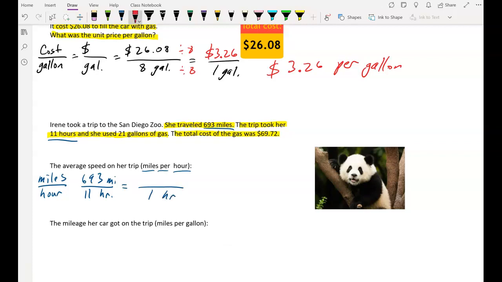Well, how do we get from 11 to 1? Divide by 11. And we have to divide by 11 up here. So 693 divided by 11 is 63. So the average speed on our trip was 63 miles per hour.